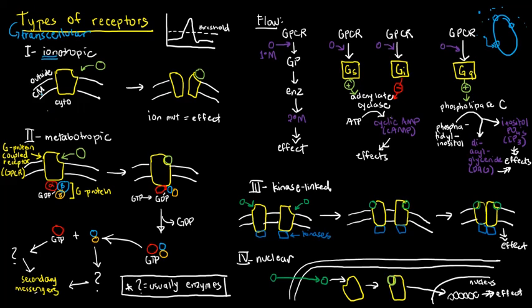So let's say that this right here is the cell membrane, and I did mention that I have this receptor, this one in yellow, embedded in it. Let's assume that this space at the top is the outside part, the extracellular environment, and at the bottom is the cytoplasm or intracellular environment.